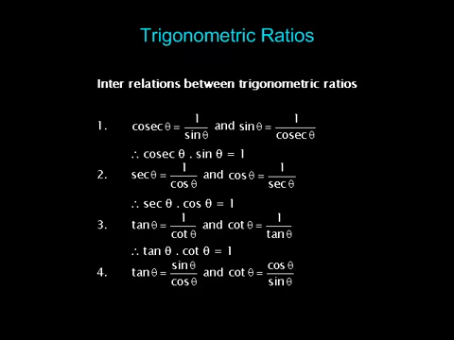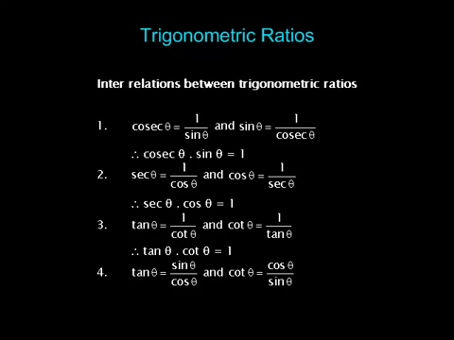Interrelations between trigonometric ratios. From the definitions of trigonometric ratios, we have sin theta equal to y upon r and cosec theta equal to r upon y. Therefore, cosec theta equal to 1 upon sin theta and sin theta equal to 1 upon cosec theta.